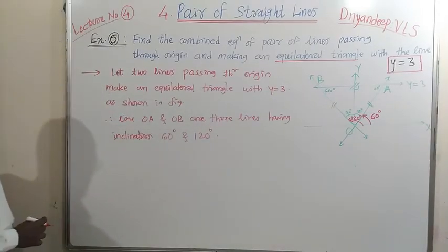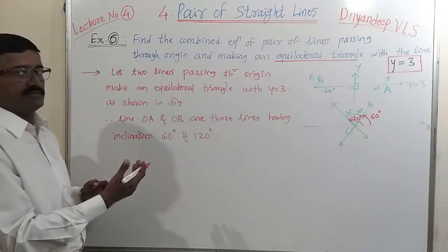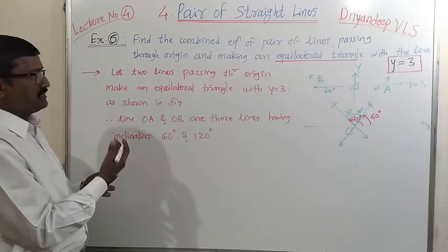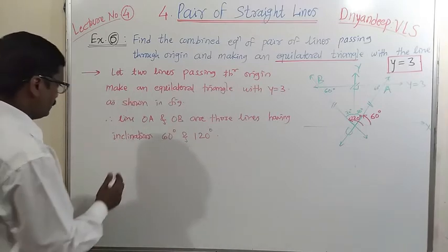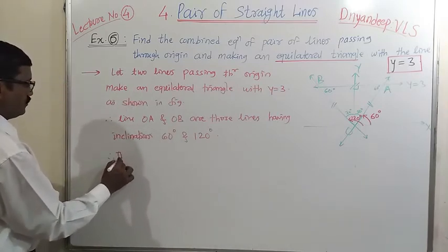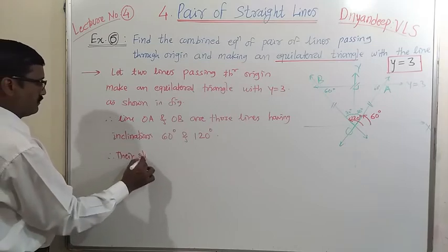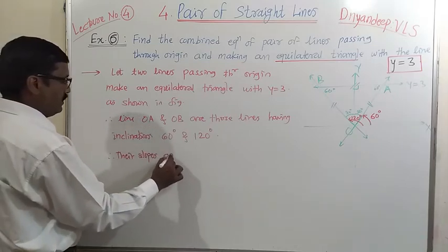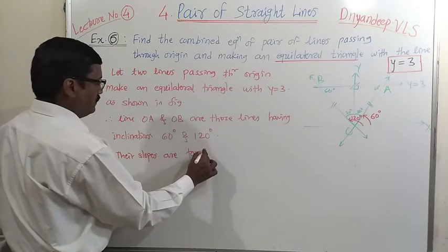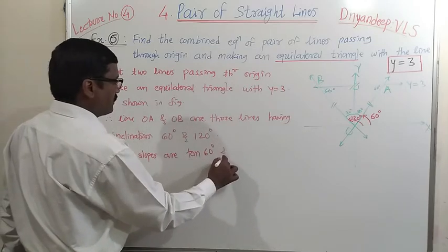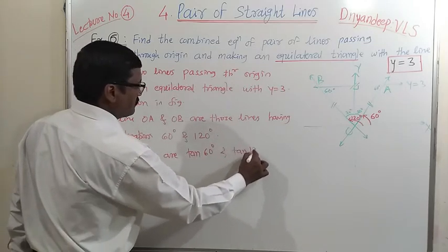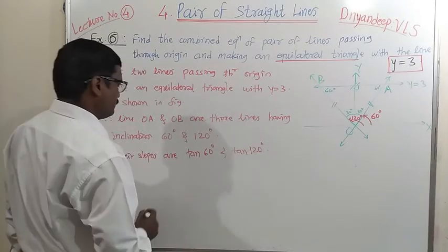So those are theta, and from those theta or inclinations we can find their tangent ratio, that is nothing but the slopes of those two lines. Therefore, their slopes are tan theta, means tan 60 and tan 120 degree.